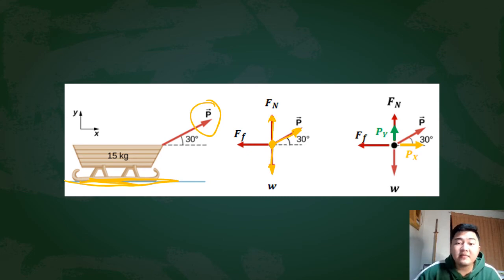Now, keep in mind that since your sled is not moving up or down, or not accelerating up or down, your weight and normal force should balance out each other. Aside from that, you have a friction force. Since we did not assume that our surface is frictionless, there must be a friction force.